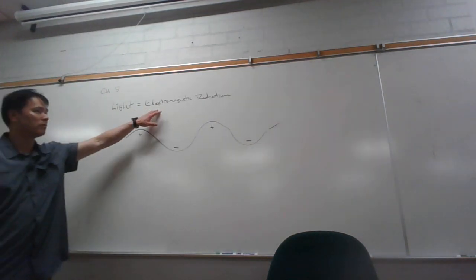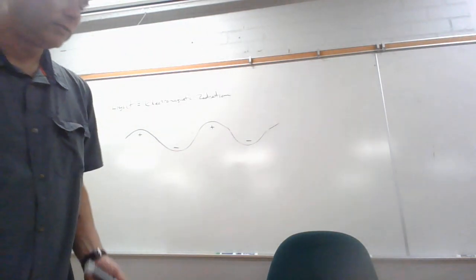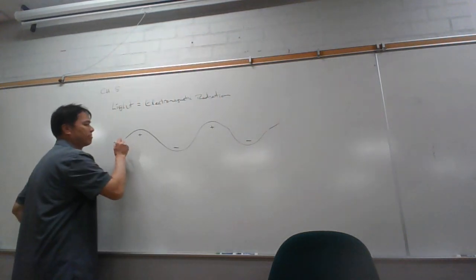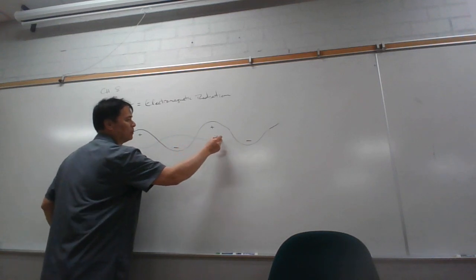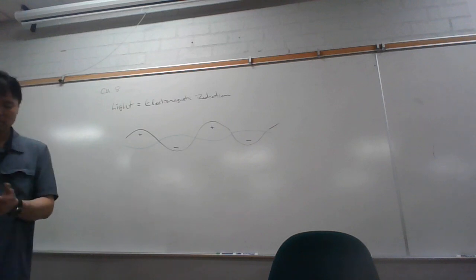That's the electro part of radiation. The magnetic part is perpendicular to the electric field. We have a magnetic field. The magnetic field is going to have north pole, south pole, north pole. This is going to be oscillating north-south pole.